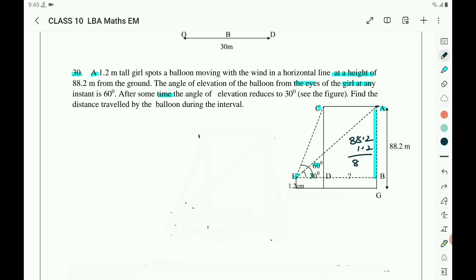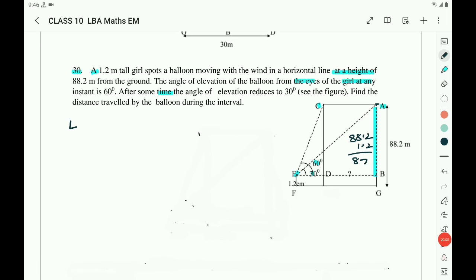Then you write the first triangle AEB. Here you write the height of the girl is 1.2, and you got AB is equal to CD is equal to 87. Write EF is equal to BG is equal to 1.2.